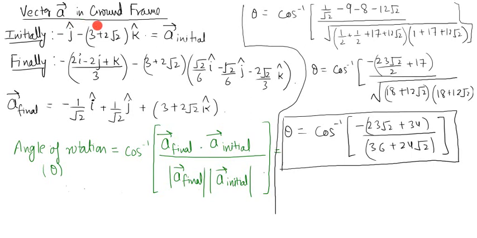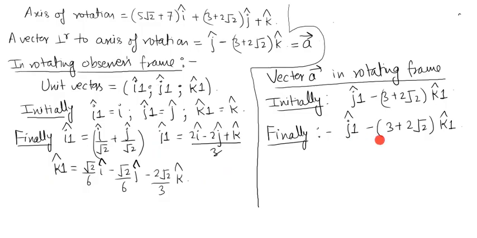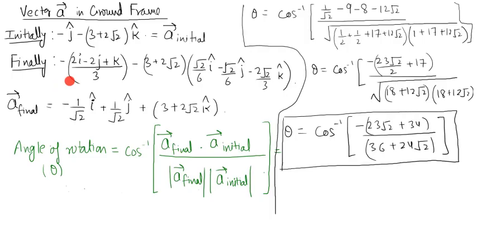Now in ground frame of reference, this is the initial vector. Now finally what I am doing here, I am trying to calculate this final vector in terms of ground frame. So I am replacing the vectors of J1 cap and K1 cap here. So J1 cap is 2I minus 2J plus K by 3, and K1 cap is as given, multiplied by 3 plus 2 root 2.